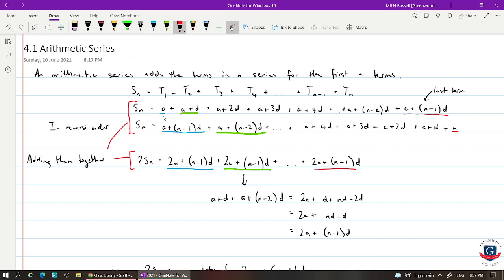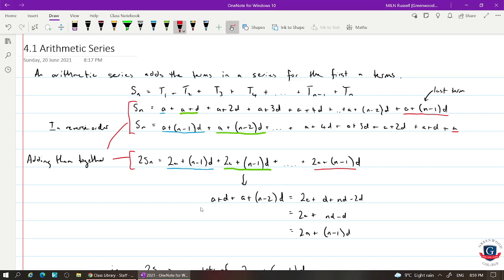And the second idea is that if we add the first term to the first term in the second series, we'll get 2a plus (n minus 1)d. And then if we take the second term of both of these series, it would be a plus d plus a plus (n minus 2)d.